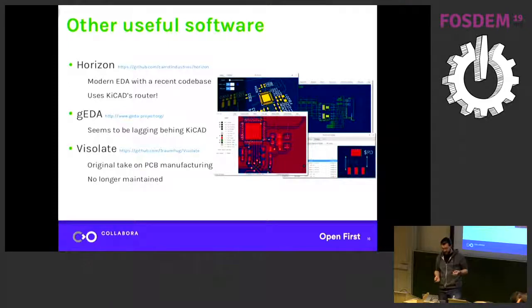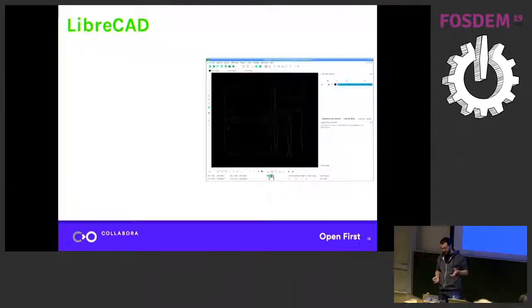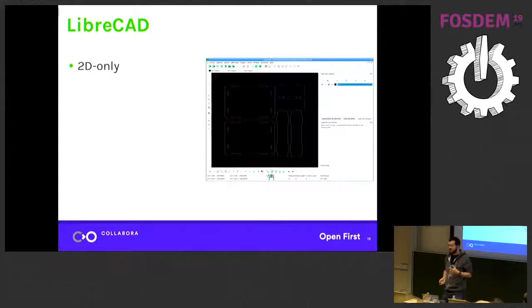Then I'll get real quick through the next slides because I'm really late, sorry. So for designing a case, you have some mechanical CAD software available. The first one being LibreCAD. It's some kind of digital drawing board, 2D only, like you may have heard of AutoCAD in the 90s.